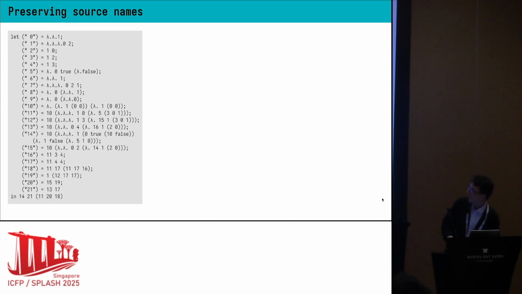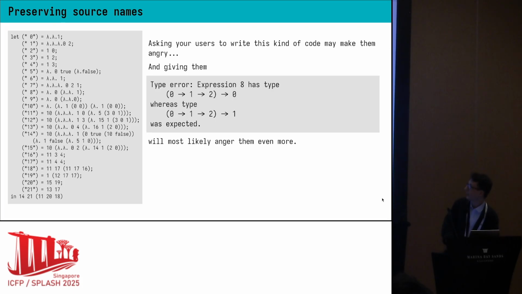And worse than that, if you are to ask your users to write code this way, and they make a tiny mistake and you spit back this error message here, I don't think they're gonna stay your users for very long. So here what you should be doing is allowing your users to use source level names, let's say strings, map them to de Bruijn indices, and whenever you want to speak back to your users with error messages, you should translate back.